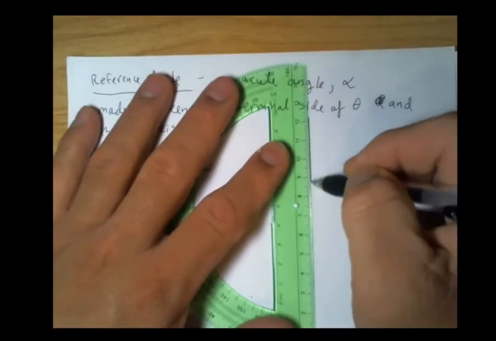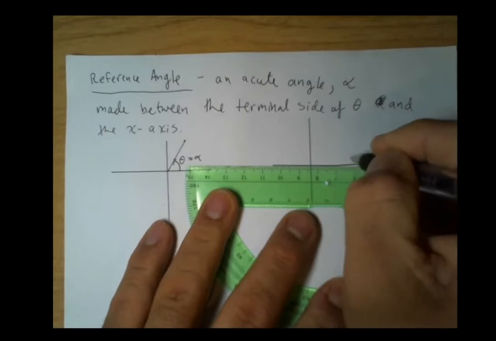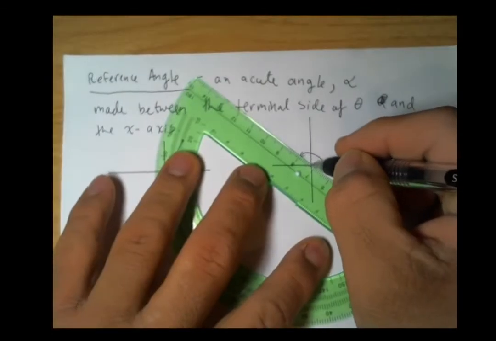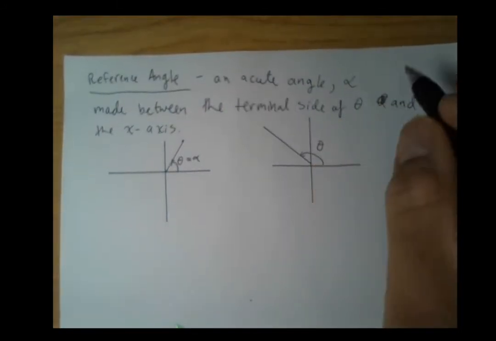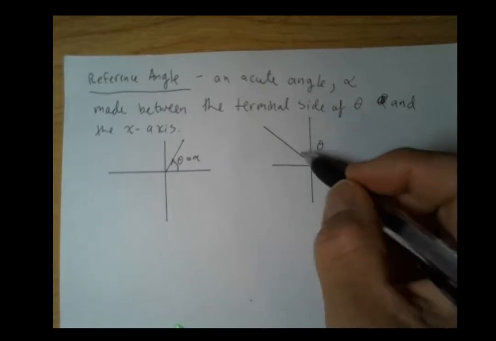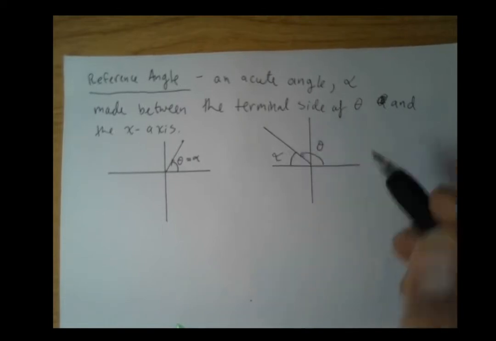Now, if we're in quadrant two of our axes, let's say our angle was somewhere right here, where this was theta, an acute angle between 0 and 90 degrees, so this here would be the reference angle.